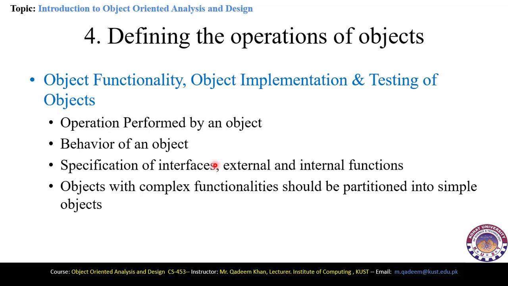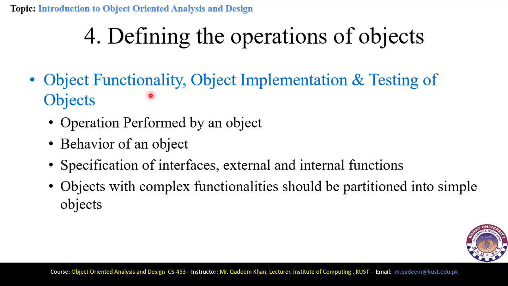And the final step is defining the operations of the objects. The operations are in fact different behaviors of the objects which define the functions of the objects, that is, what the functionalities of the objects are. So object functionalities, object implementation and testing of objects are all forms of the operations of the objects.